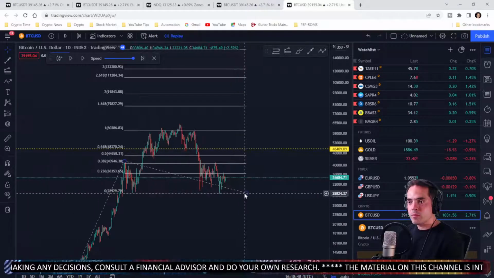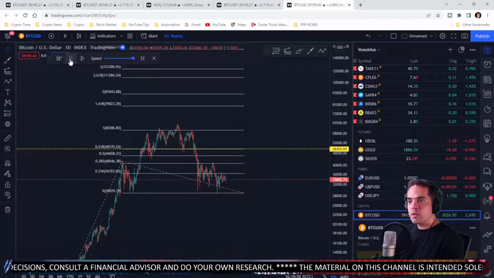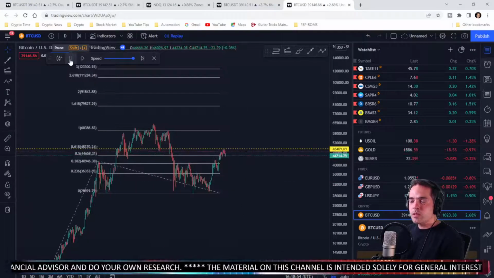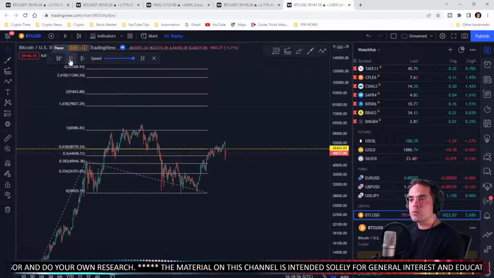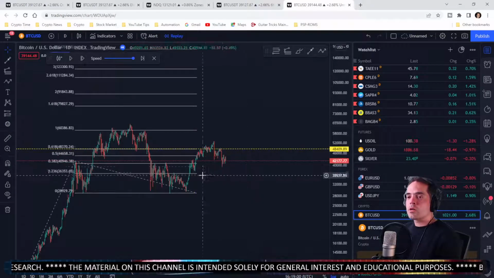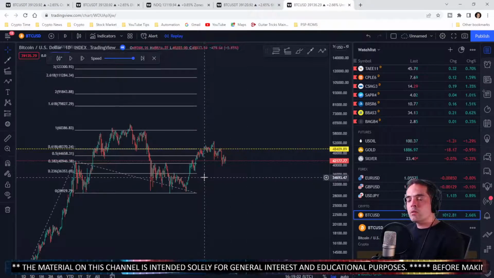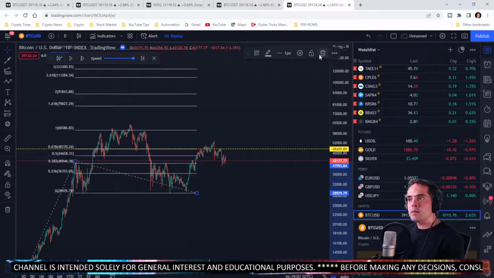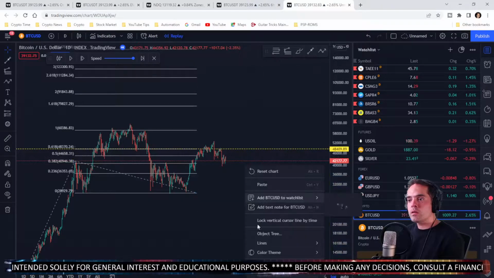So we have to keep our eyes on it. So let's play. Then the price starts going up again. So you got the picture. That's how we can draw the Fibonacci for an uptrend. I'm gonna clean everything now.